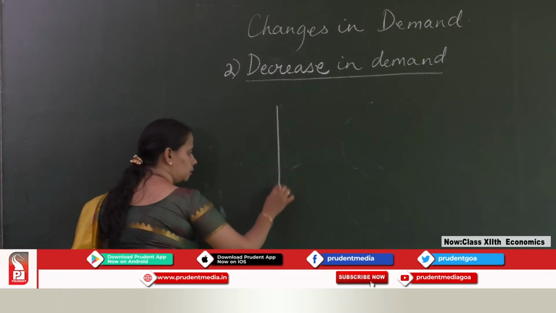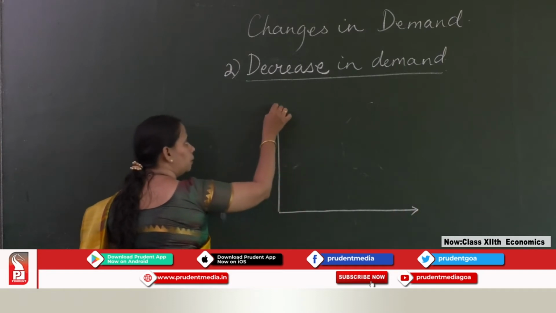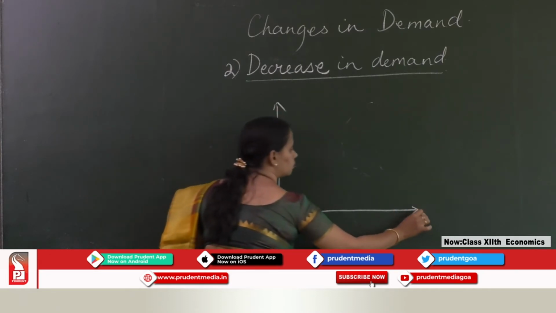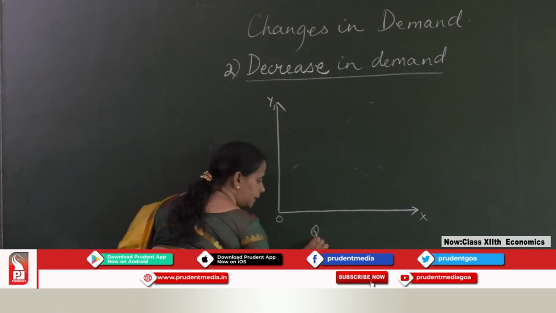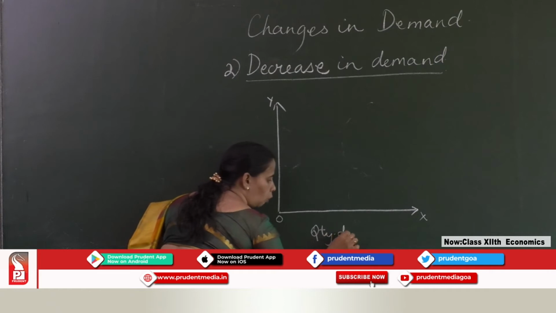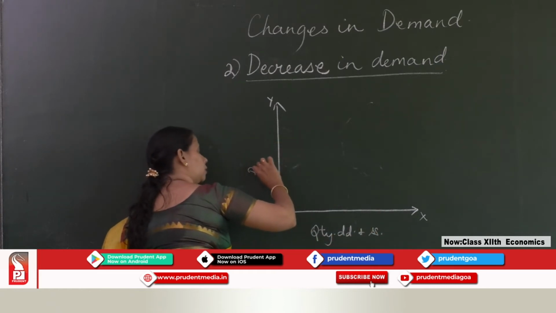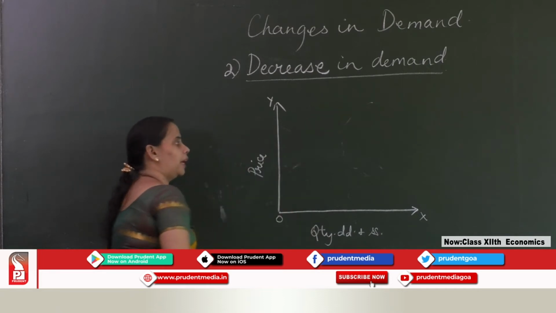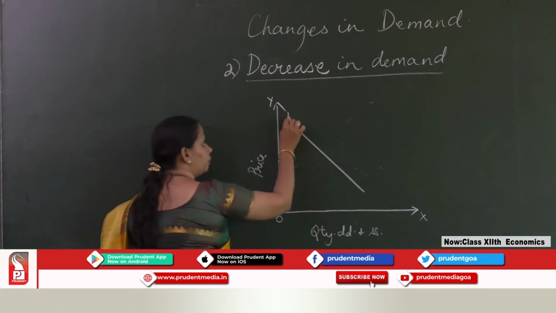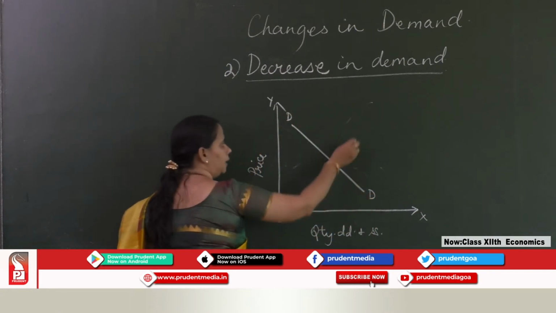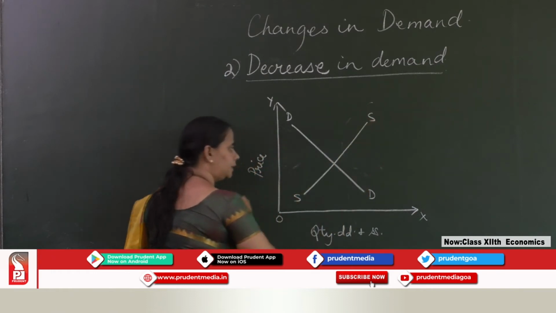So let us again draw the basic equilibrium diagram where we have the x-axis, the y-axis. On the x-axis you have the quantity demanded and supplied. On the y-axis we have the price, the original demand curve DD and the original curve SS.